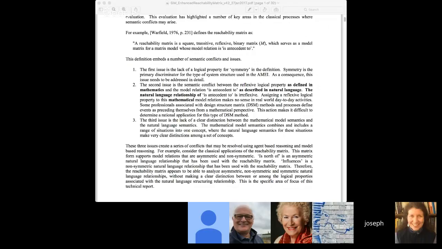In looking at that, what we have is like the inclusion matrix, the implication matrix, the subordination matrix. We have all of these natural language relationships that were encoded into the mathematics, right? Right. And we've run into some areas that seem to have semantic conflicts and issues, so we started circling back to look at those.